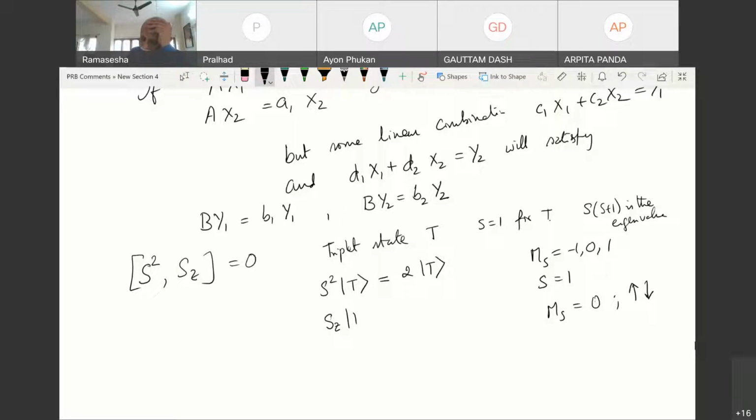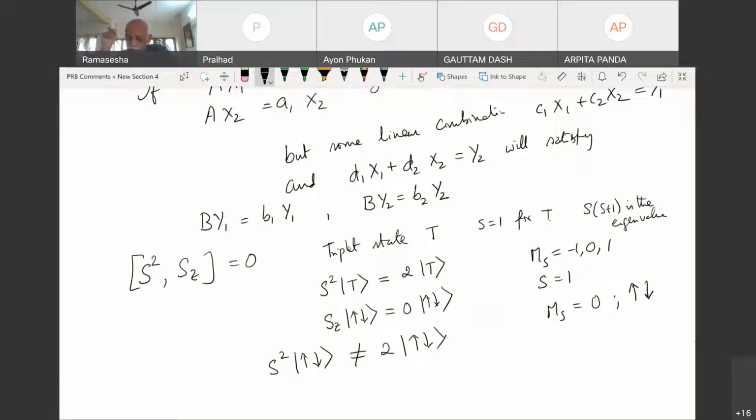But S squared times up down is not equal to 2 times up down, because the triplet is a linear combination of all possible Ms values. Okay, do you follow that?